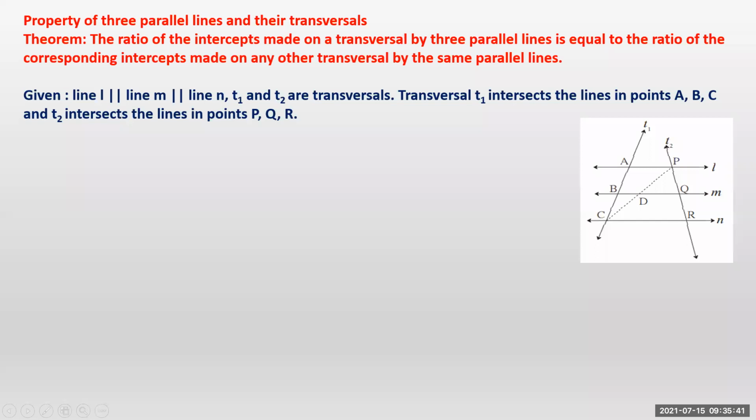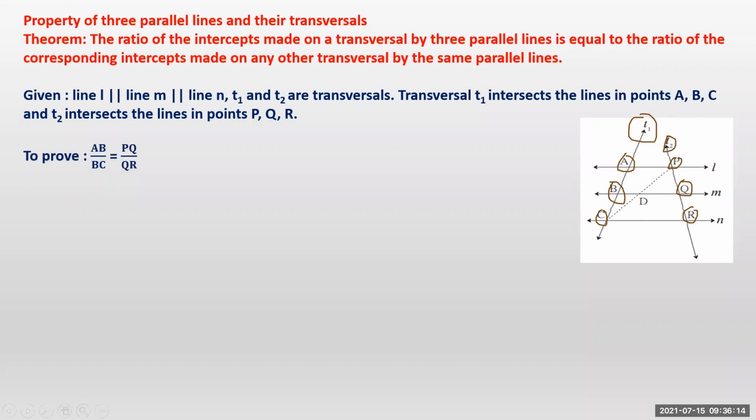Given line L parallel to line M parallel to line N, T1 and T2 are the transversals. Transversal T1 intersects the lines in points A, B, C, and T2 intersects the lines in points P, Q, R. If you look at the figure, check, you'll come across all this. Check T1 making points A, B, and C, and T2, P, Q, and R.